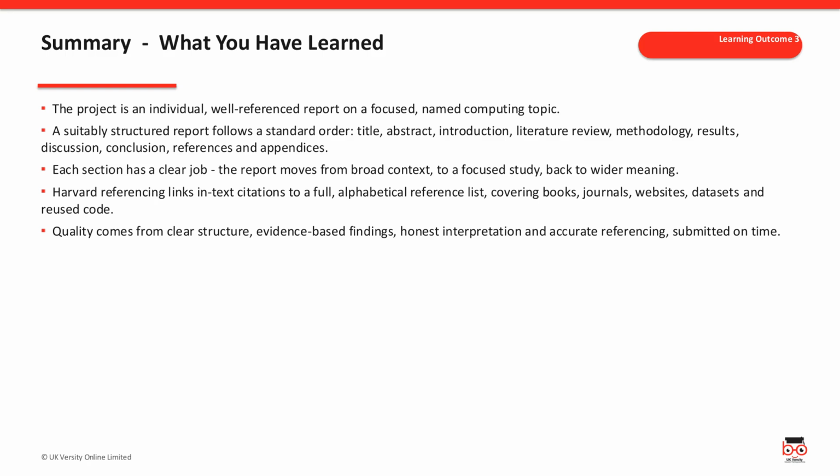Each section has a clear job, and the report moves from broad context to a focused study and back out to wider meaning. Harvard referencing ties your in-text citations to a full alphabetical list covering books, journals, websites, datasets, and reused code. In the end, quality comes from clear structure, evidence-based findings, honest interpretation, and accurate referencing, submitted on time.